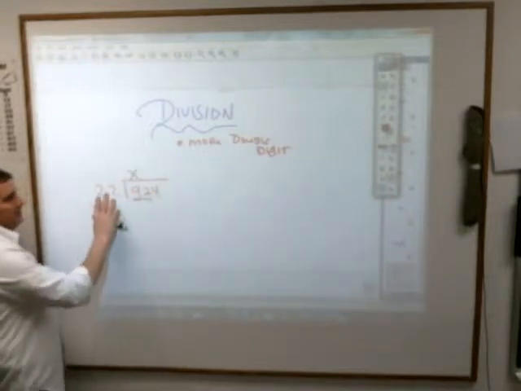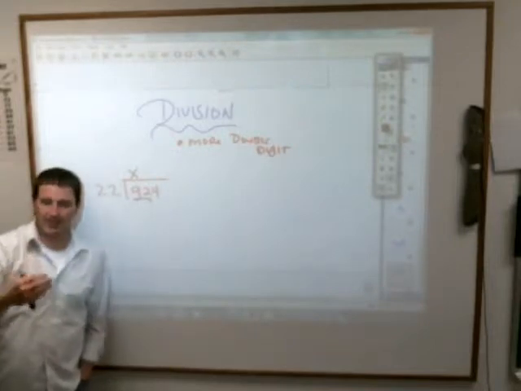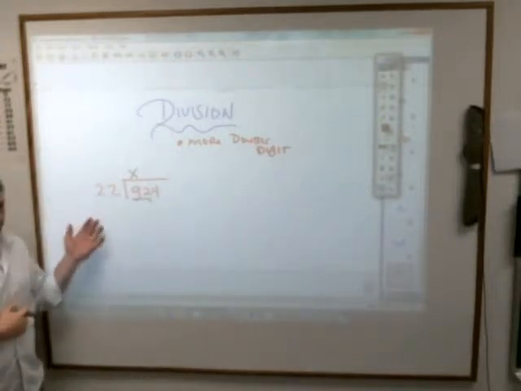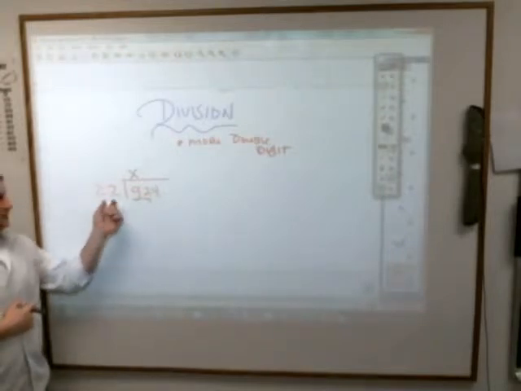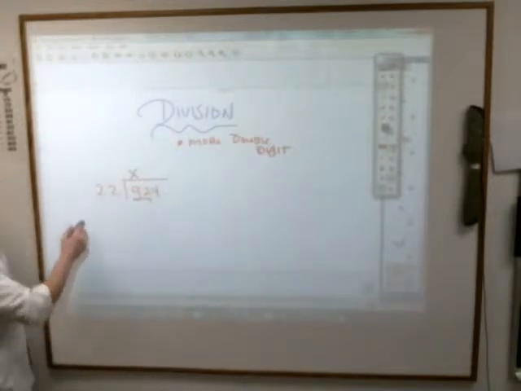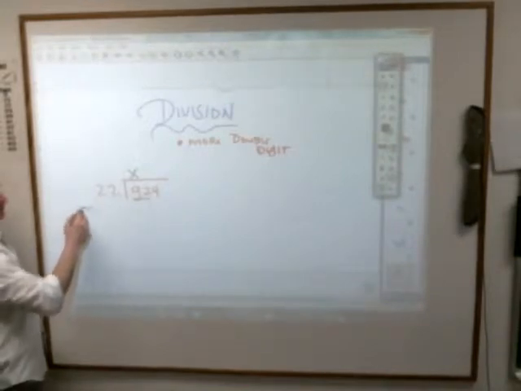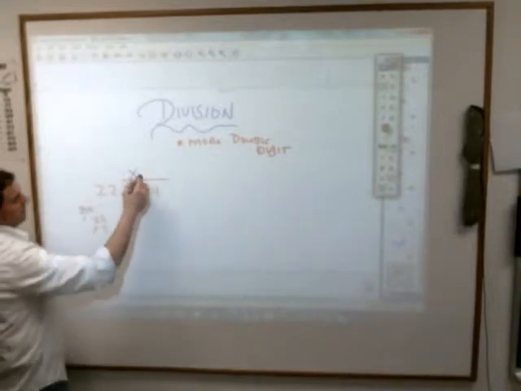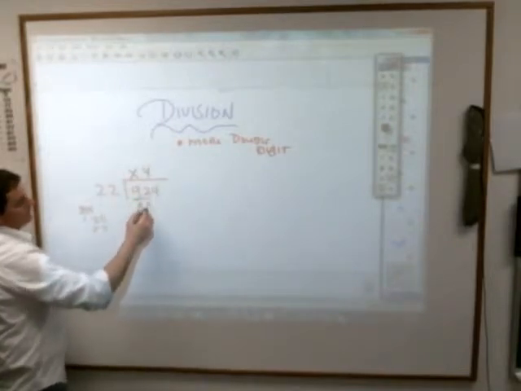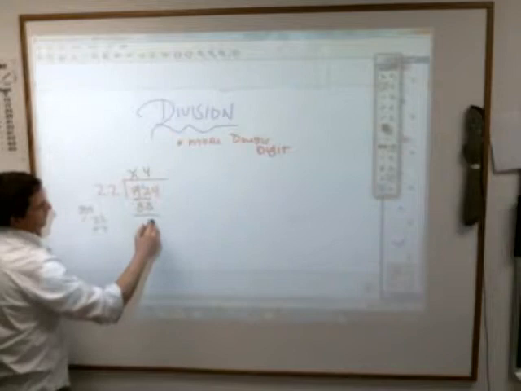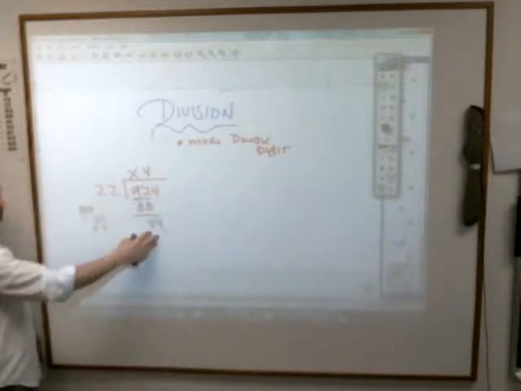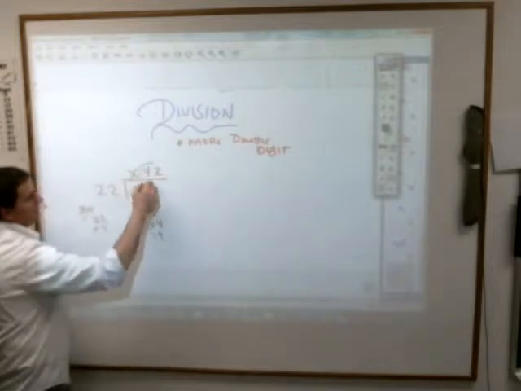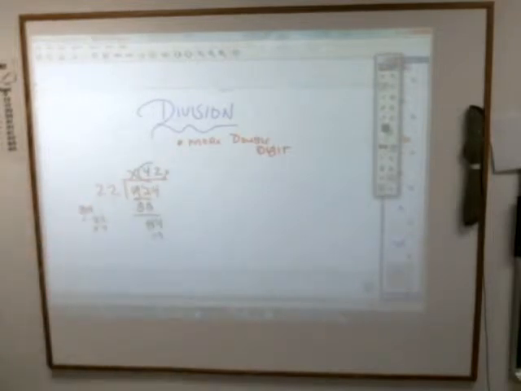To estimate how many times 22 goes into 92, you look at the front digits and ask how many times 2 goes into 9, which was 4. So 2 times 4 is 8, you multiply by that to get 88, subtract it and get 44, and 22 goes into 44 2 times. Well, today is kind of the same stuff, but just a little bit different.